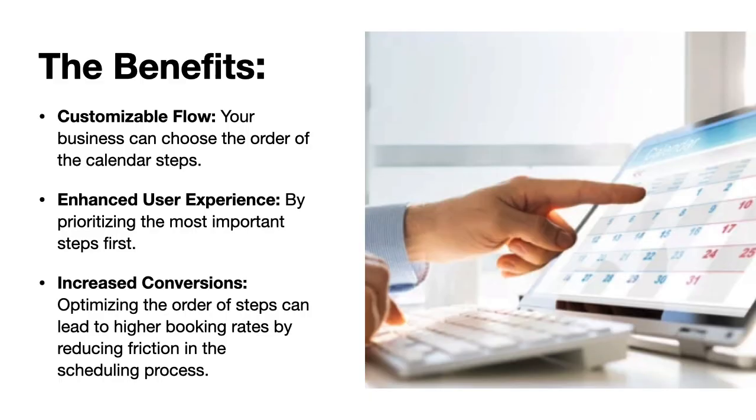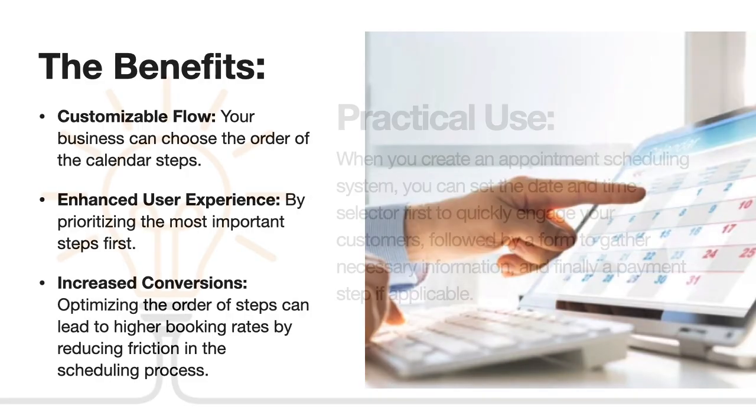It's going to also increase conversions because now you get to optimize the order of steps that are going to perfectly lead to higher booking rates. And this is ideal because when you systematize how you're putting people through your booking system, it really reduces the friction of scheduling that appointment.